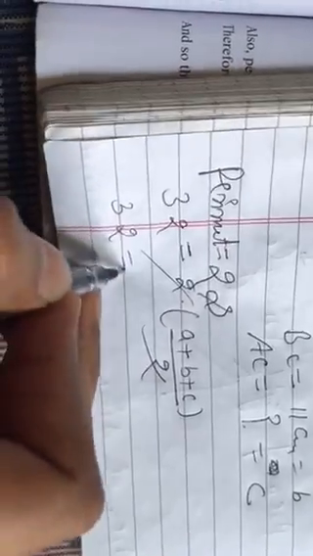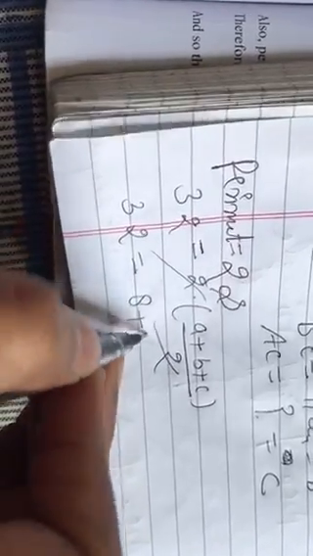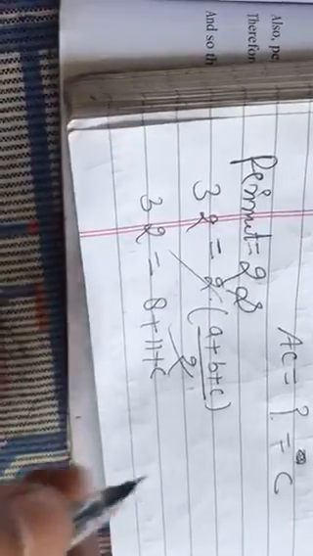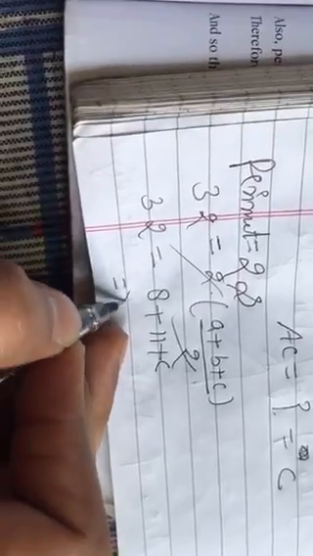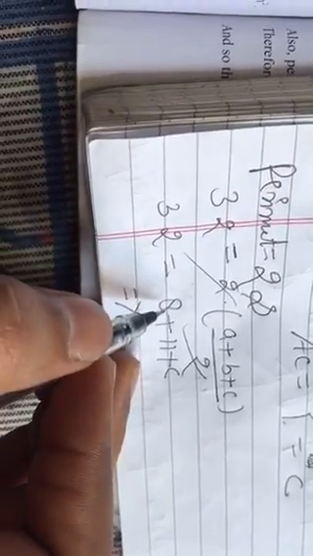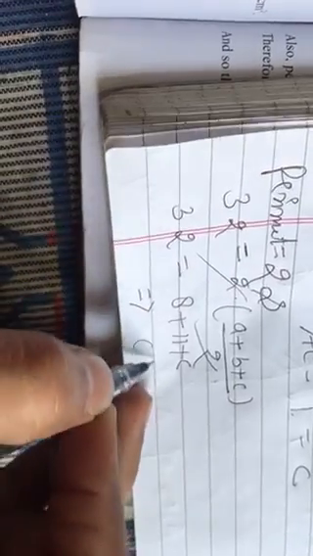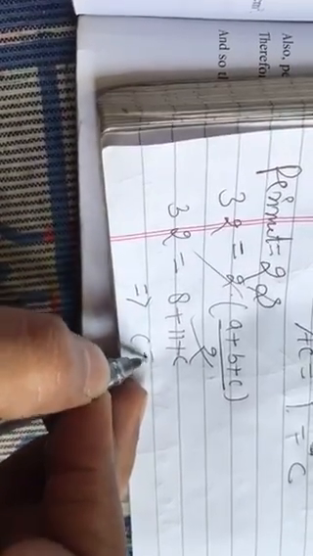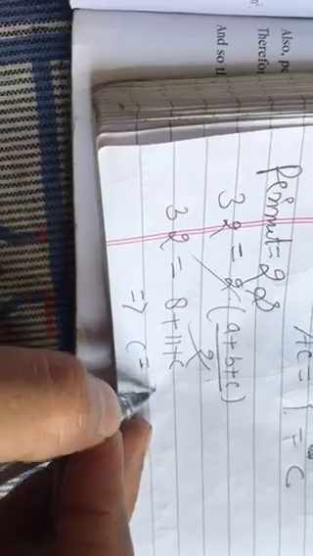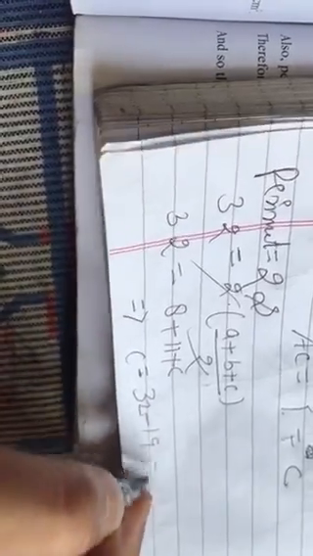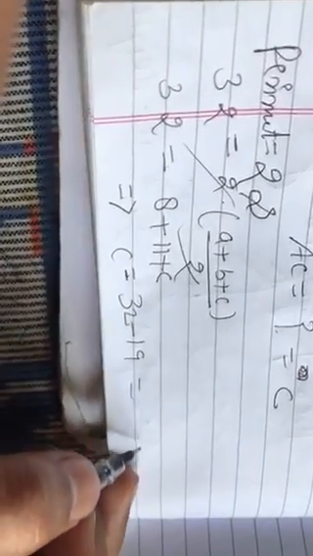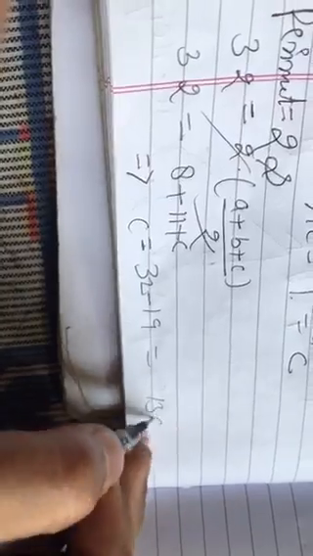So 32 equals 8 plus 11 plus C. 11 and 8 is 19. Subtract 19 from 32, you will get the value of C: 32 minus 19 is 13 centimeter, right?